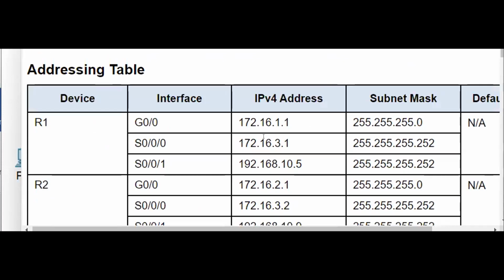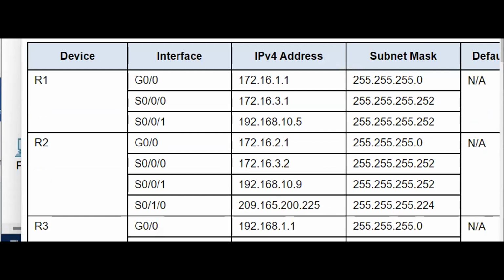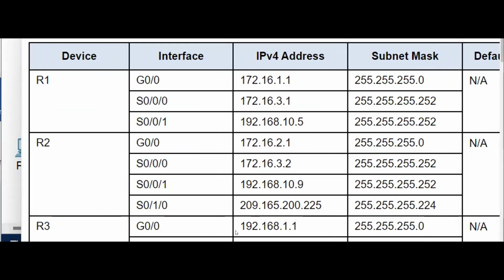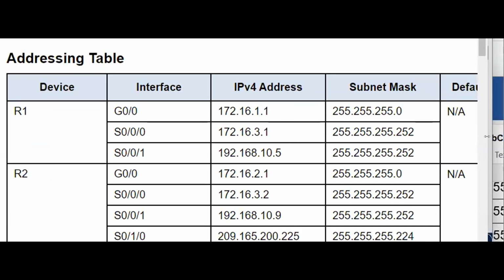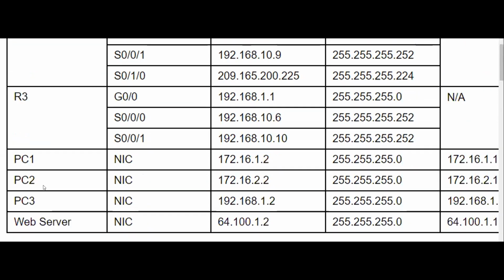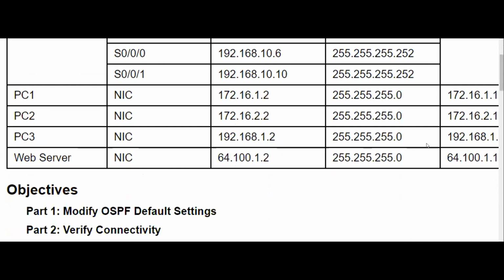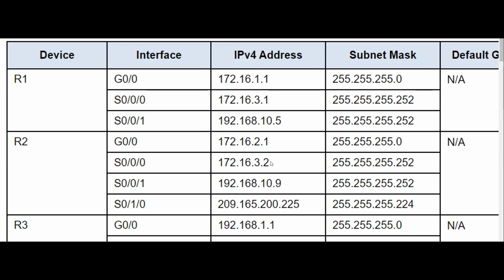This is the addressing table. We have router 1, router 2, router 3, then PC1, PC2, PC3, then the web server, with the various IP addresses, interfaces, IPv4 addresses, subnet masks, and gateways.